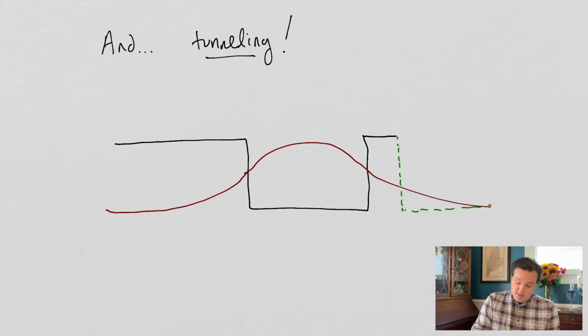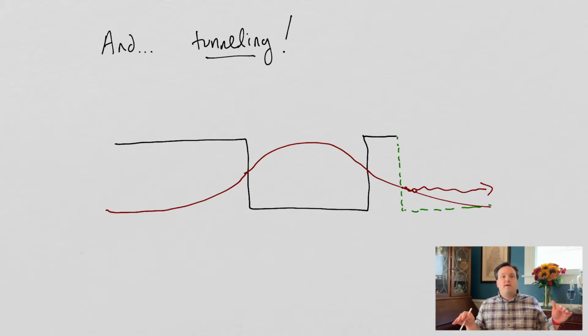And so what happens over here is that my wave function no longer looks like a decaying exponential. Rather, it looks like a free particle over there. And that's what we mean by tunneling, right? The wave function can still permeate through finite barriers over some distance, right?